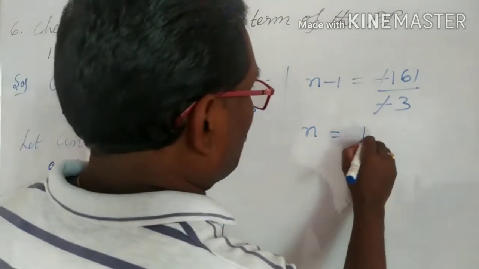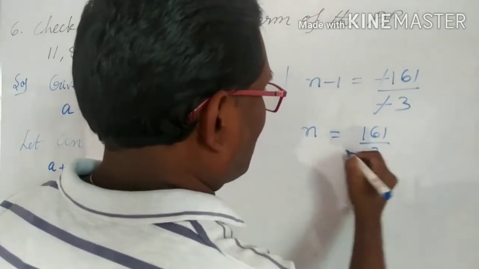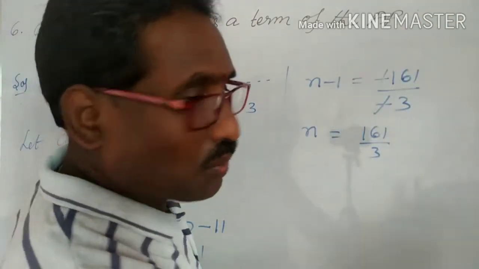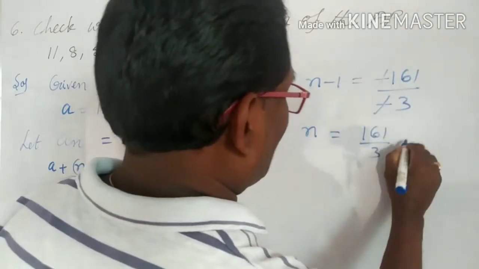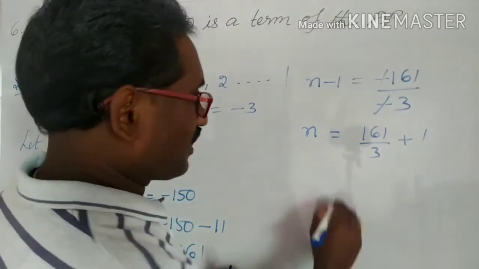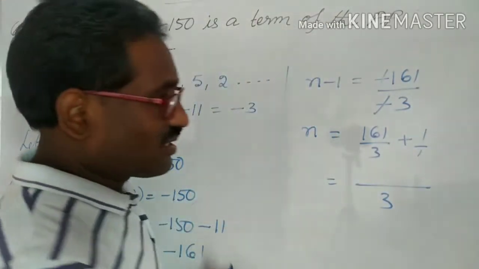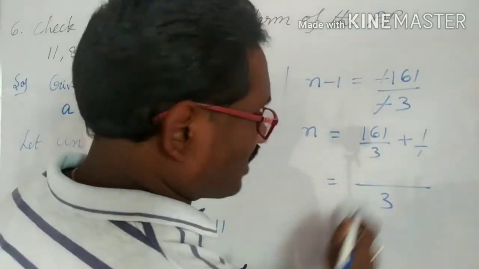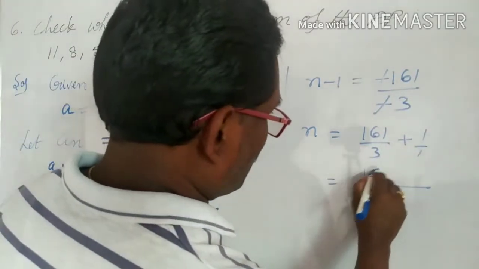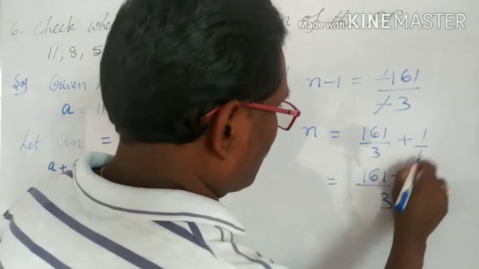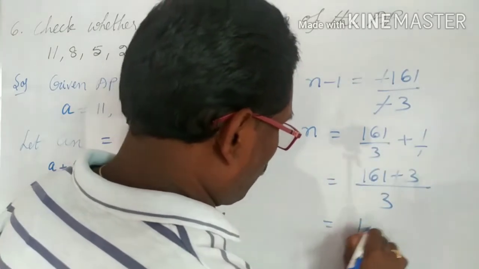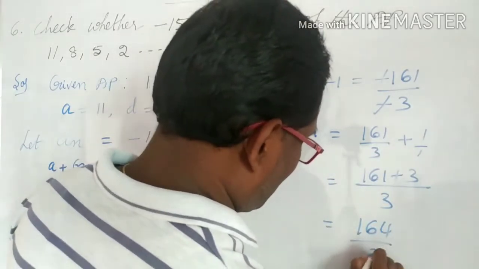So n is equal to 161 by 3 plus 1, because minus 1 transposes to the right side as plus 1. The LCM is 3. So 161 plus 3 1s are 3, that is equal to 164 by 3.